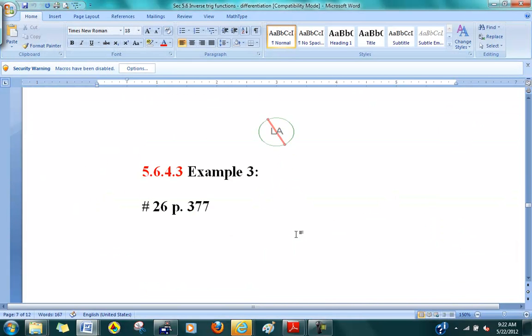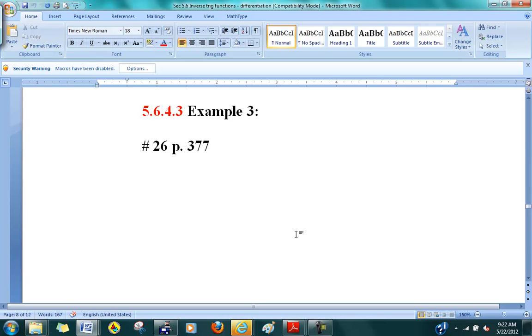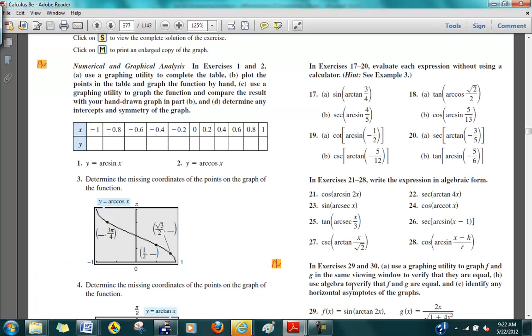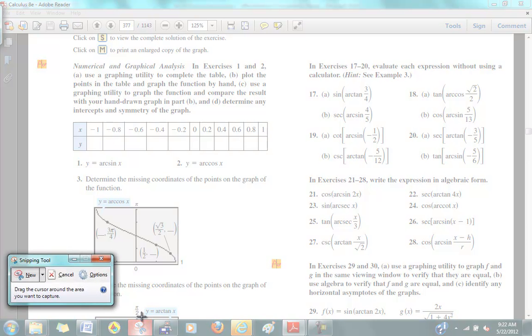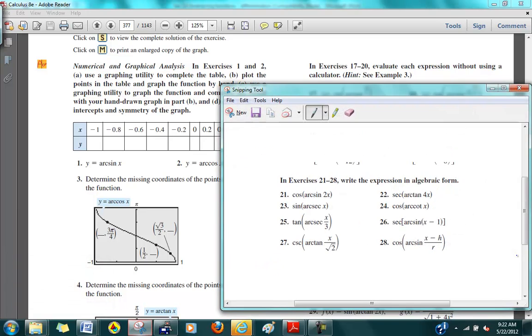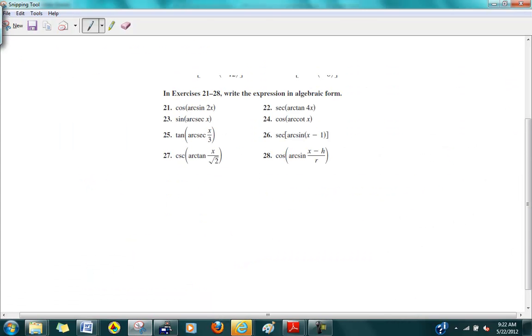Next example, number 26, page 377. So this one doesn't have numbers, so it means it's going to be algebra. Number 26.